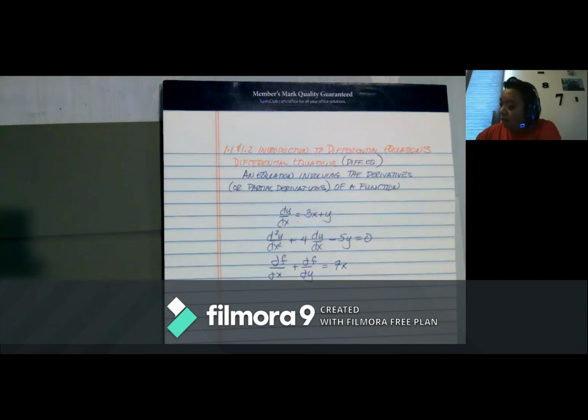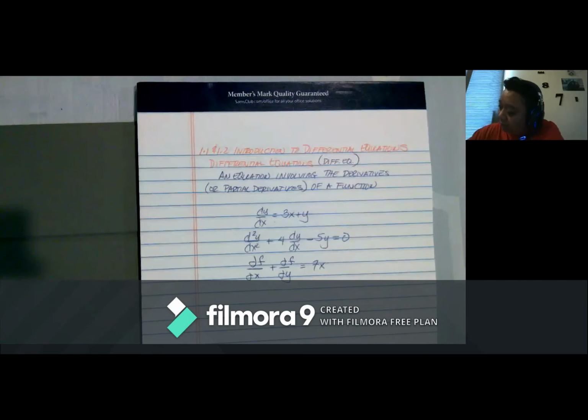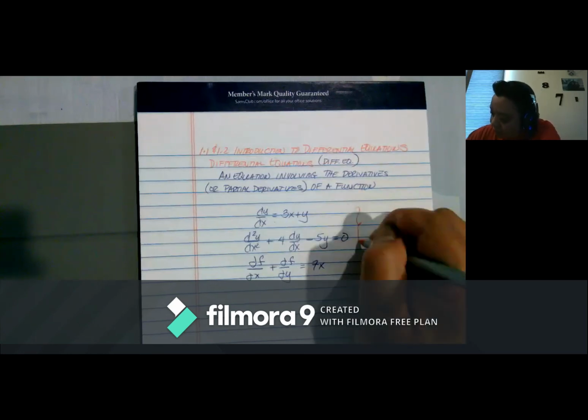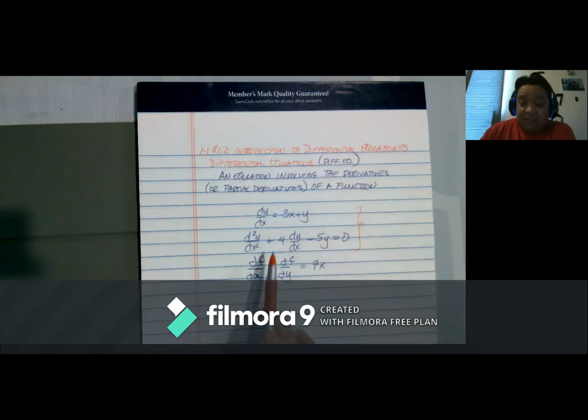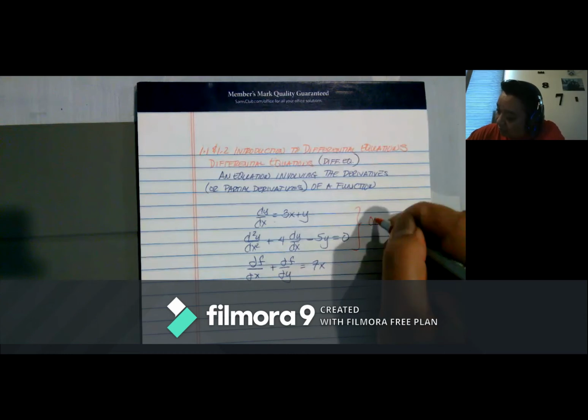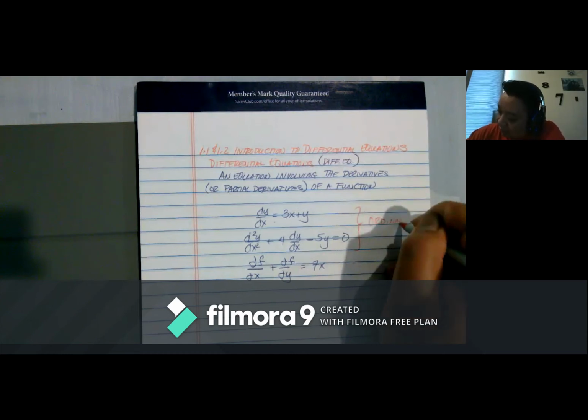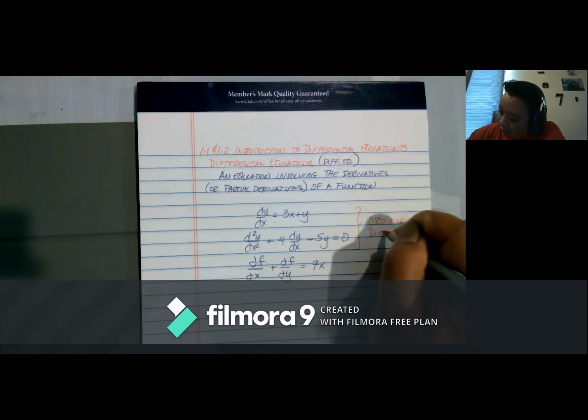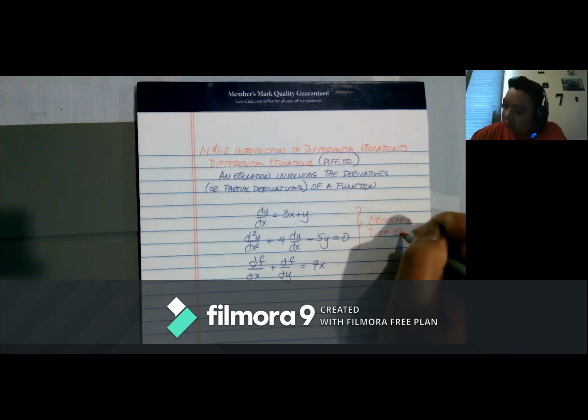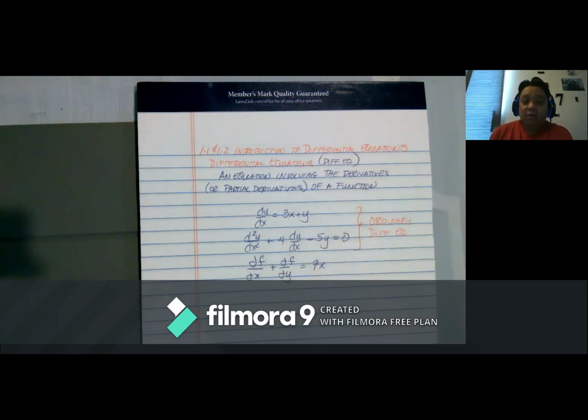Now, over here, okay, since the derivatives involve single variable functions, these are called ordinary differential equations. Okay. So since they involve single variable derivatives, or single variable functions, I should say, then they are ordinary differential equations.